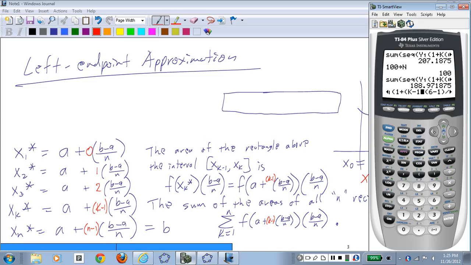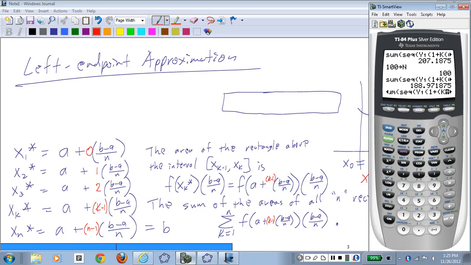Is there another k in the expression, or is that the only one? I think that's the only one. I think it probably would have been equivalent to let k go simply from 0 to n minus 1. That might have been another way to adjust it. But I've got the expression right here.